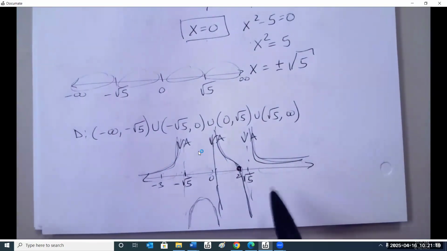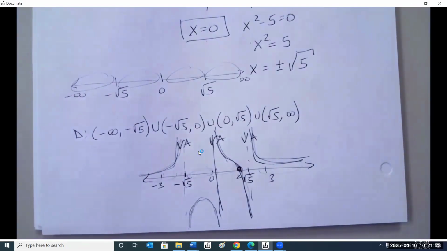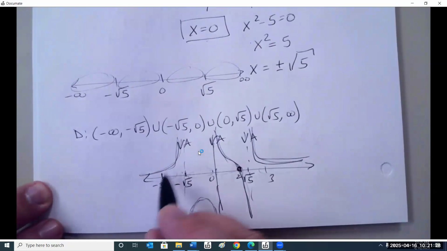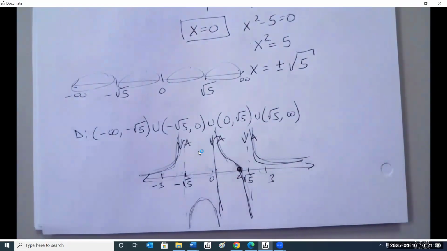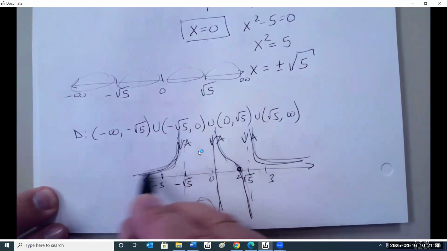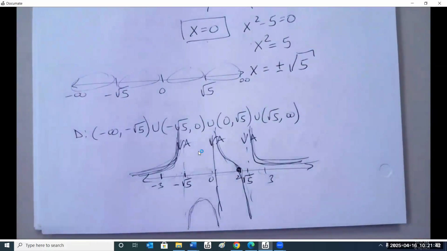Again, the way you could do this is just by picking numbers and putting them in the equation and seeing if it's positive or negative. This one here at -3, if it's positive, here's a question I have for you. Why do I know the graph will look like this at the very end?